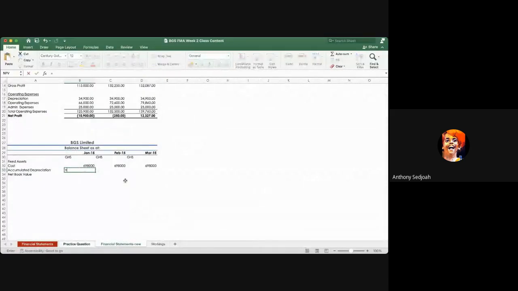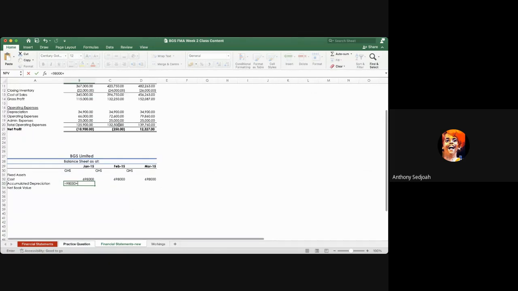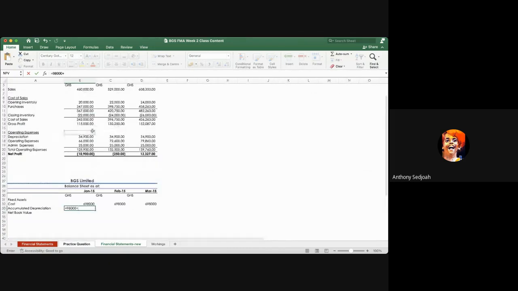So it's going to be 98,000, which is the accumulated as at December 2014, plus the depreciation we calculated for January, which I'll reference from my income statement. Like this, 34,900. So accumulated as of January is 132,900. So let's proceed to accumulated for the other month, sorry.